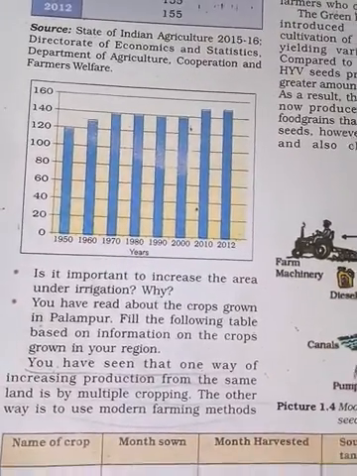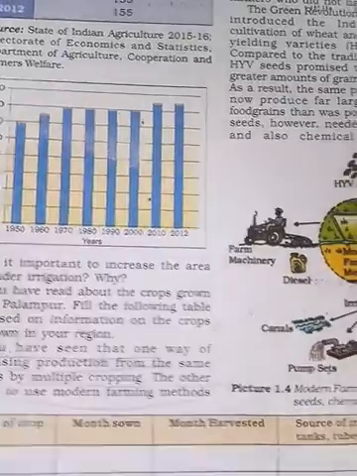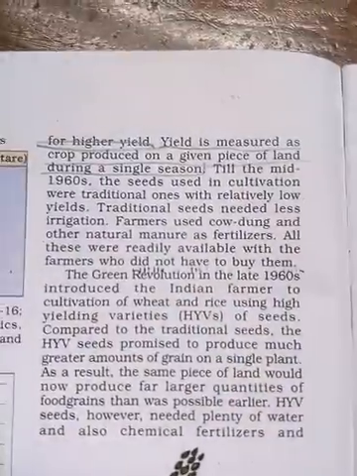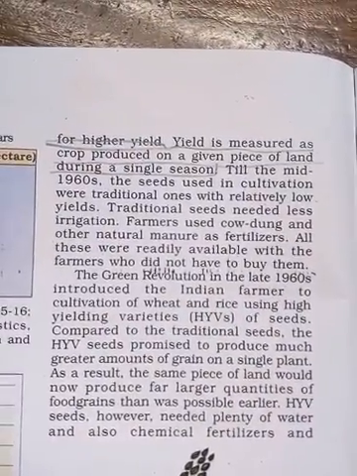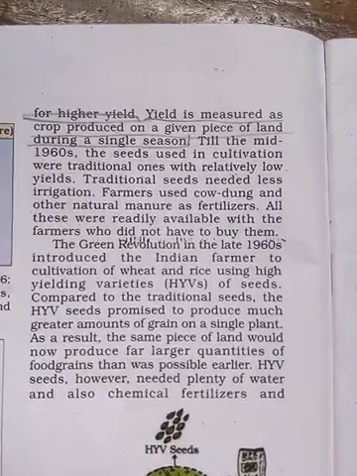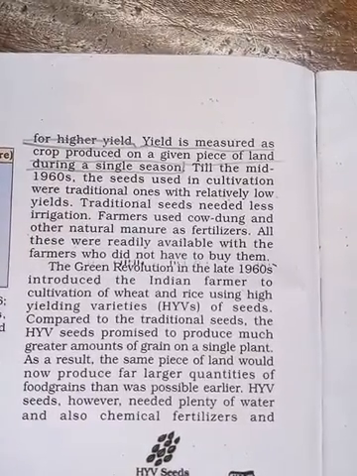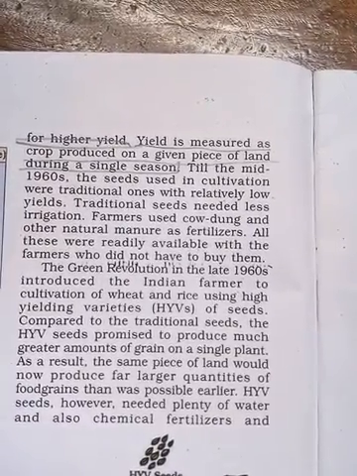Let us see. The other way is to use modern farming methods. That means the other way to increase production is using modern methods of farming. Yield is measured as the crop produced on a given piece of land during a single season.